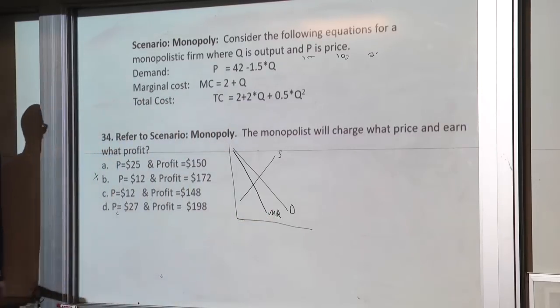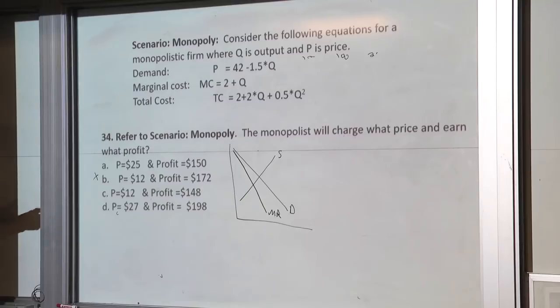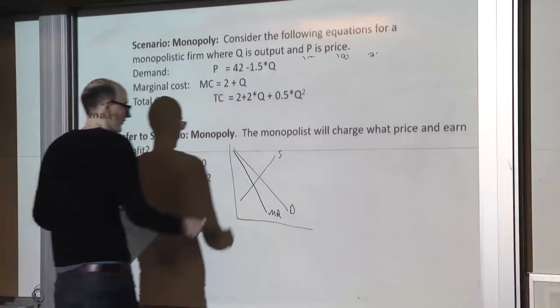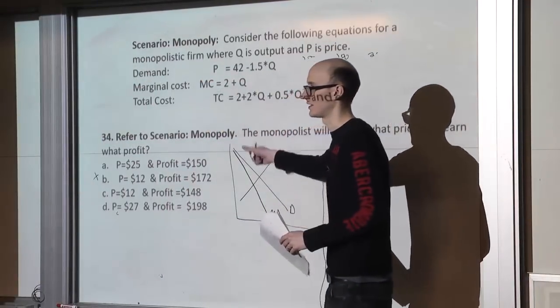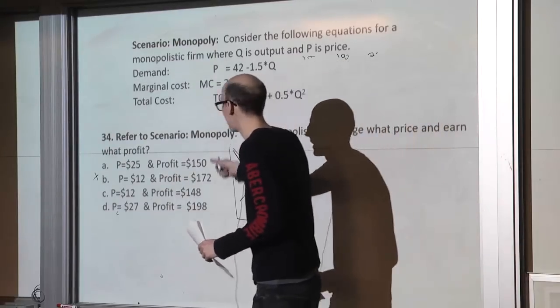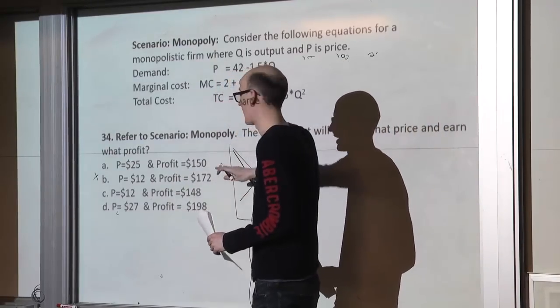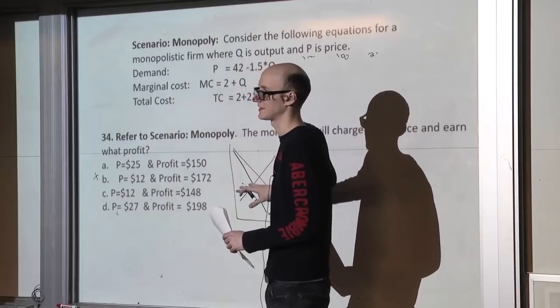The marginal revenue curve is the amount I can earn for each increase in production, the extra amount I'll earn for each increase in production. It falls faster than the demand curve because for each prior unit, I also have to decrease the price.